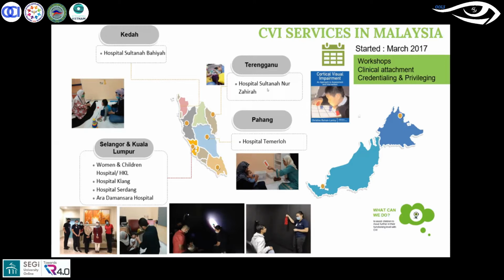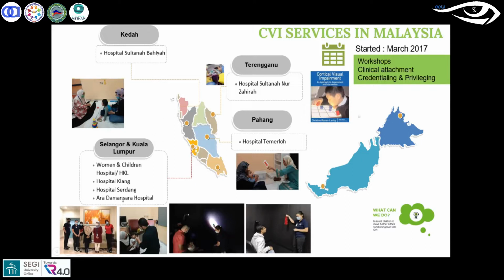We have one on the East Coast, in Terengganu, and one in Pahang, the Central Zone, in Hospital Temerloh. In the Ministry of Health hospitals, we have a clinical attachment following the workshops, and optometrists who are proven to have skill and knowledge in this field will be given credentialing and privileging.